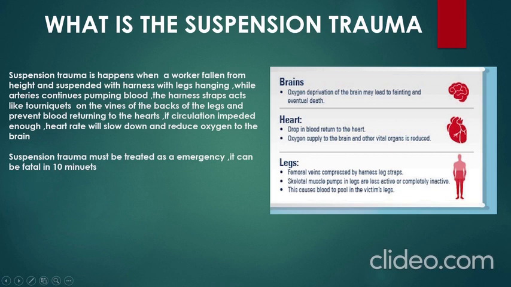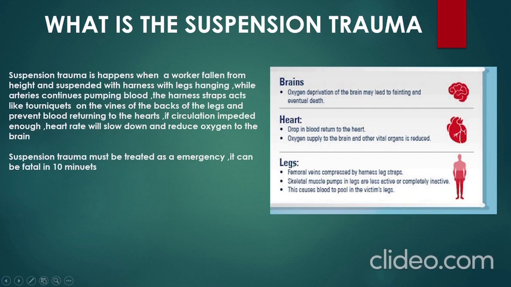If circulation is impeded enough, heart rate will slow down and reduce oxygen to the brain. So if this trauma happens, the brain will slowly die. The oxygen deprivation of the brain may lead to fainting and eventual death, and a drop in blood return to the heart, so the heart pump will stop.